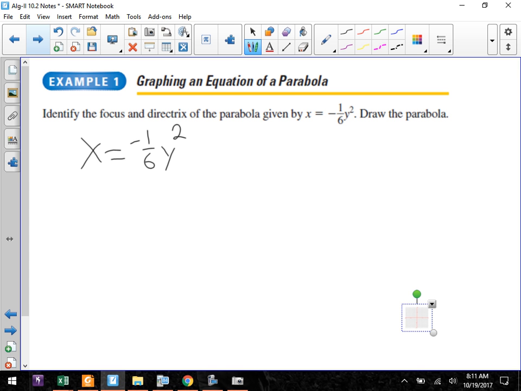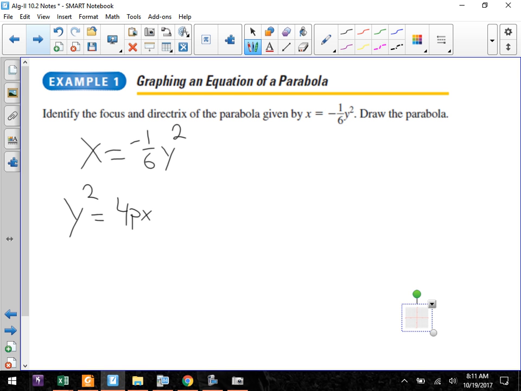Our generic form for all these things is going to be y squared equals 4px. So I wanted to make it look like that. I always want to make my equations look like that, whether it's an x squared or a y squared. I know right away it's going to be a y squared because there's a y squared.